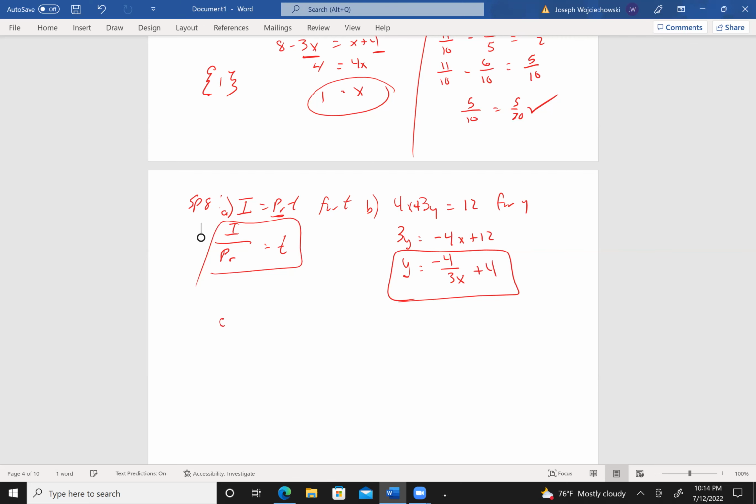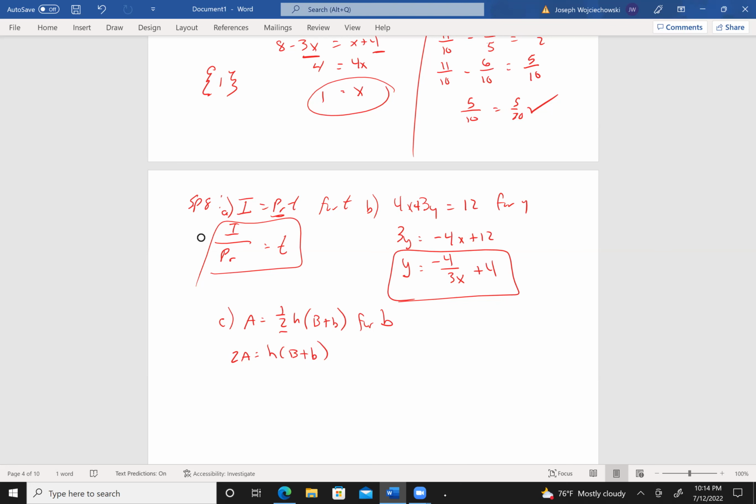And then C, we have A equals 1/2 h times B plus b. And we want to solve for b. So get rid of this by multiplying by 2. So I have 2a equals h times B plus b.